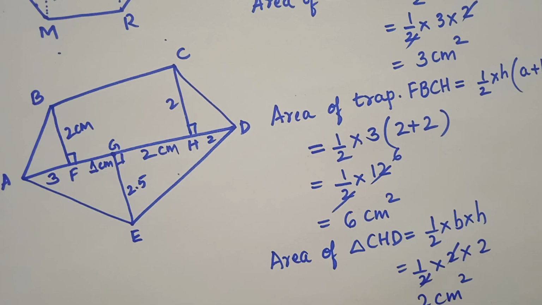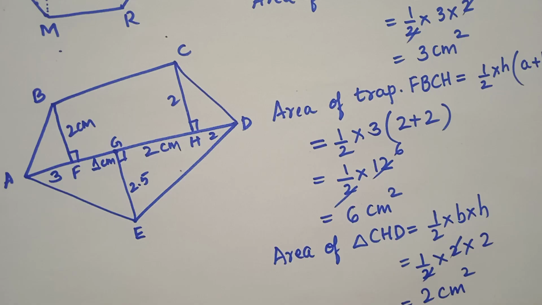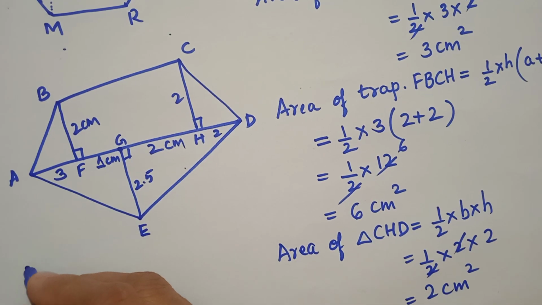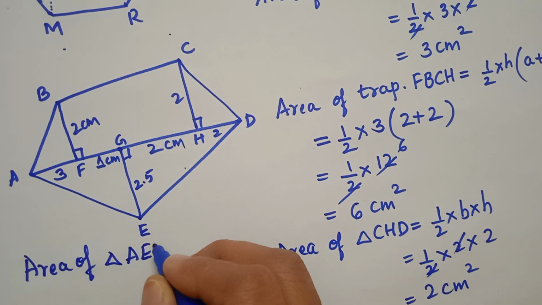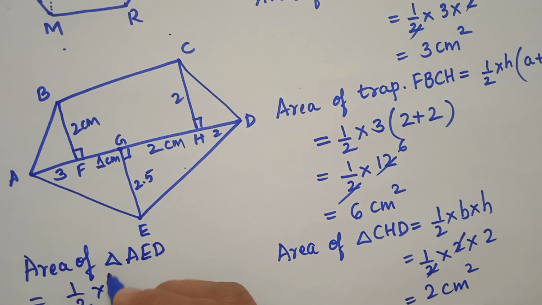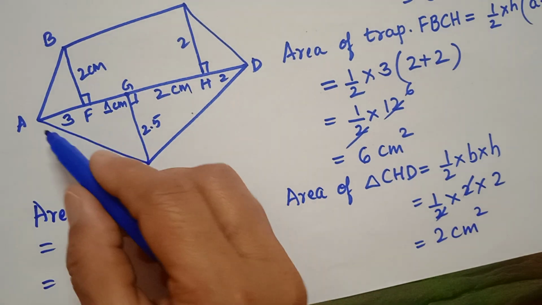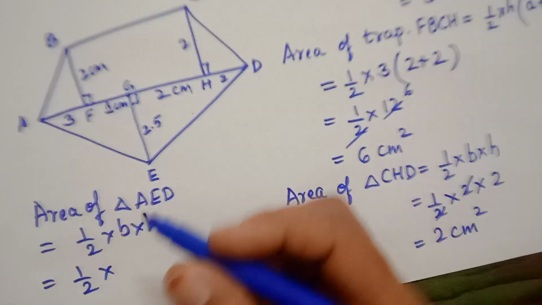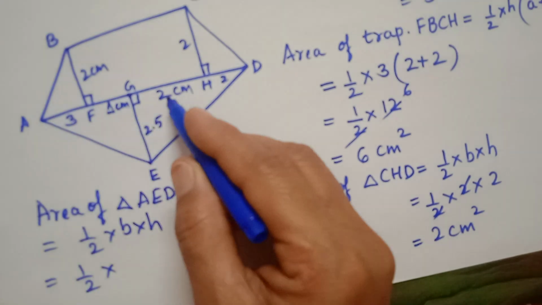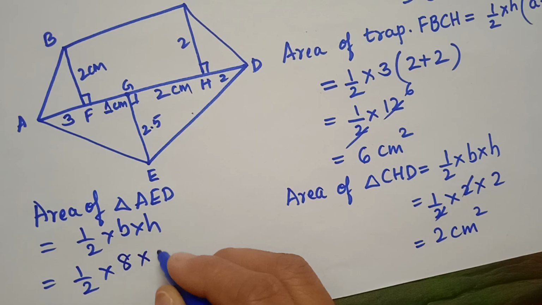Now the remaining is area of the triangle AED. What is the area of triangle AED? So see here, area of triangle AED is nothing but half into base into height. Same thing. Half into what is the base? AD is the base and height is EG. Base is how much? 3 plus 1 plus 2 plus 2. That is AD. AD they have given as 8 centimeters. Into height is 2.5.